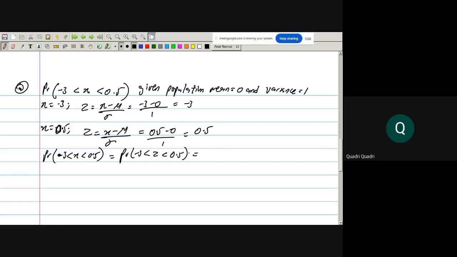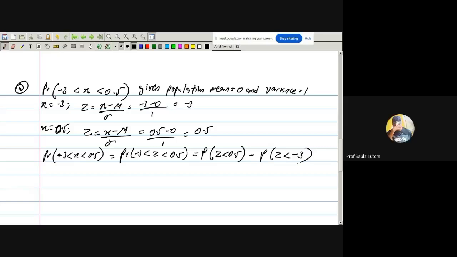It can be written as probability of z less than 0.5 minus probability of z less than minus 3. Both of them are now not carrying minus on the first term, so this is the same pattern as before.